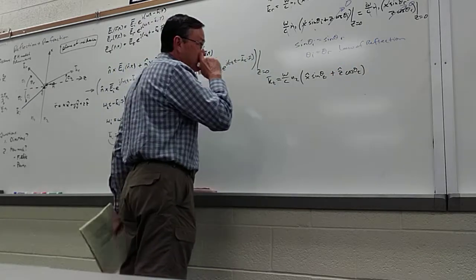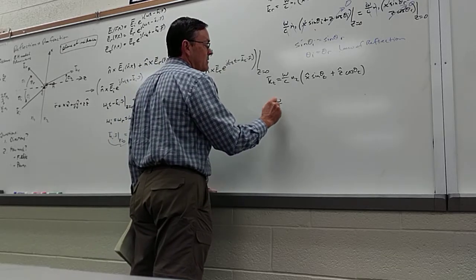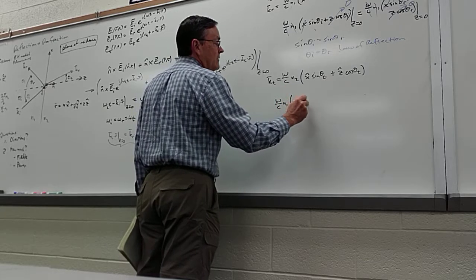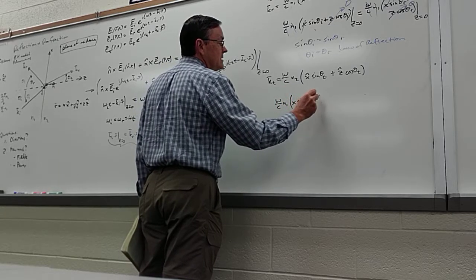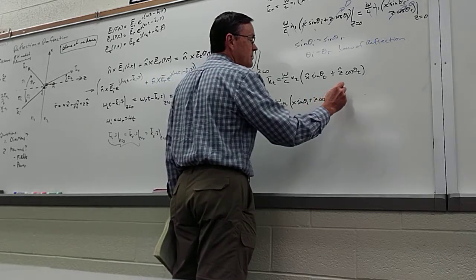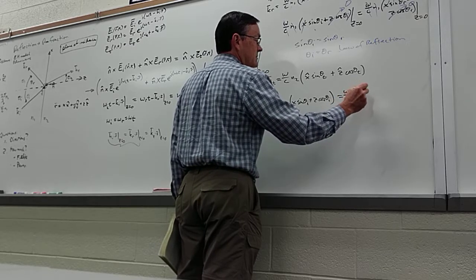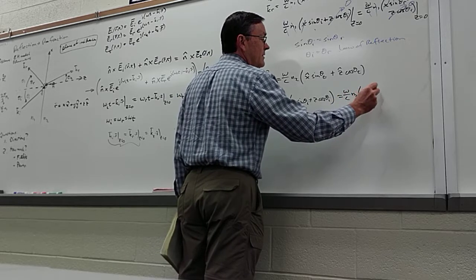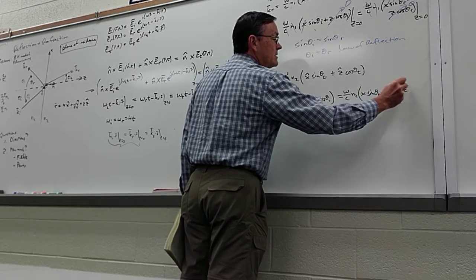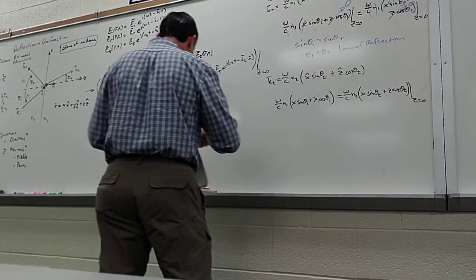So then the first term and the third term have to be equal. So we have omega over c n1 (x sine of theta I plus z cosine of theta I), and that's going to be equal to omega over c n2 (x sine of theta t plus z cosine of theta t) evaluated at z equal to 0.